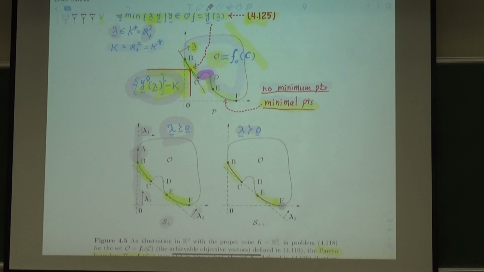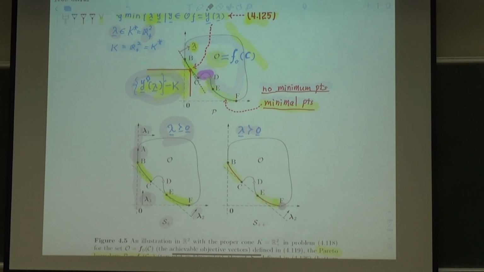In other words, B is non-smooth. You will get it from lambda 2 strictly greater than 0. But here you don't, because you never get a chance to make your lambda to be lambda 3. Okay.